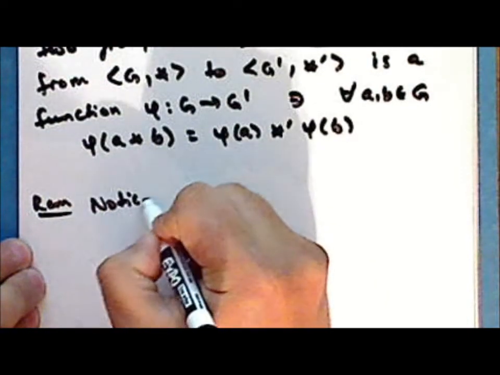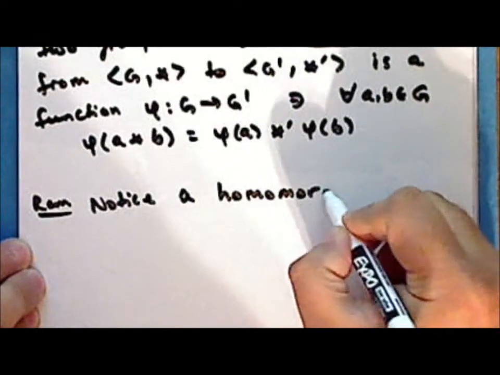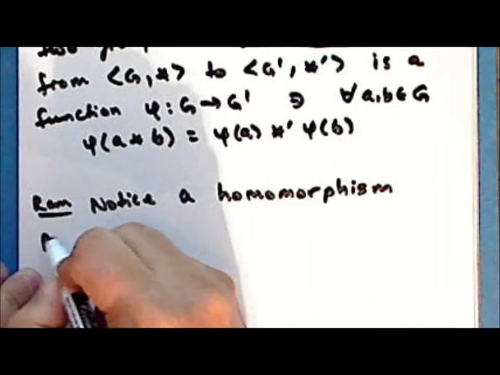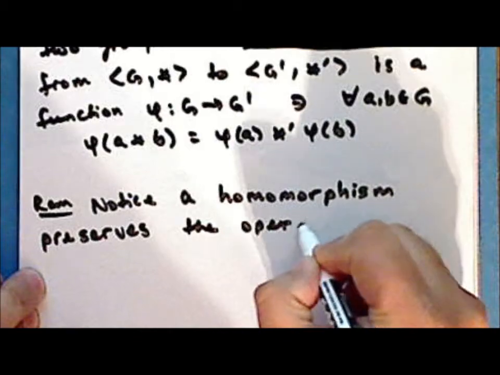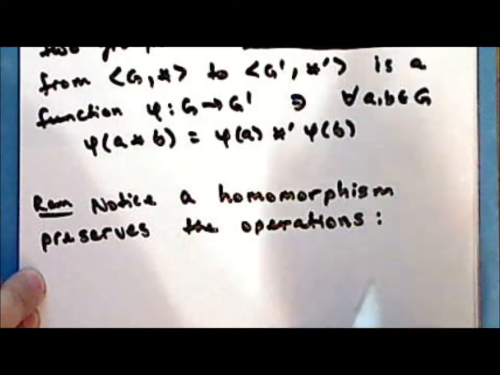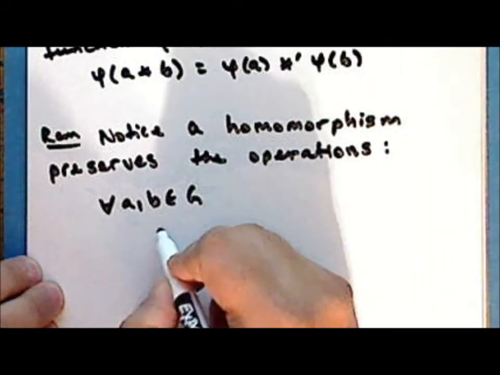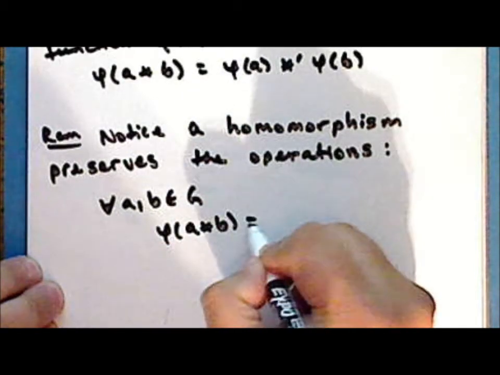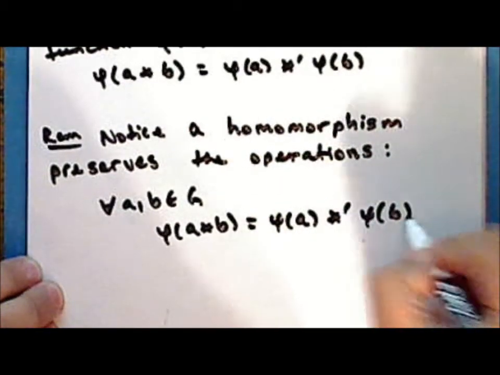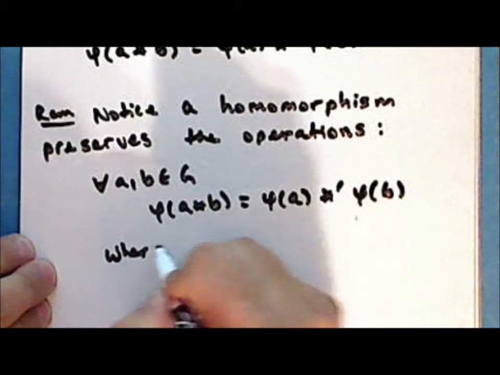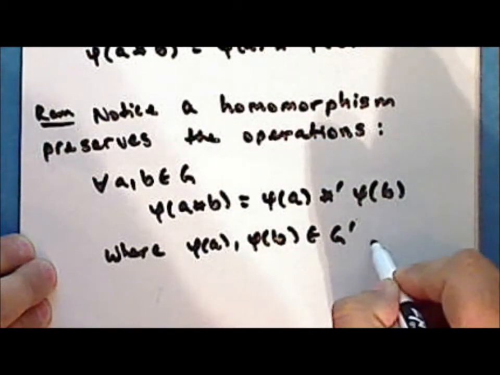So notice that a homomorphism preserves the operations in the groups, that is, for every pair of elements A and B in the group G, we have that phi of A star B is the same as phi of A star prime phi of B, where phi of A and phi of B are elements in the group G prime.